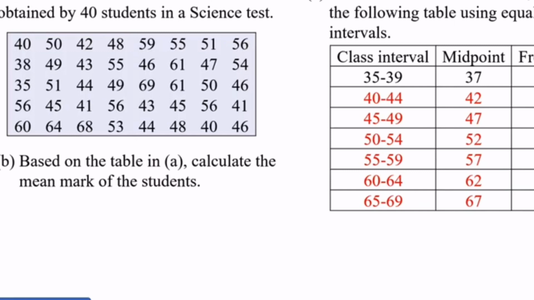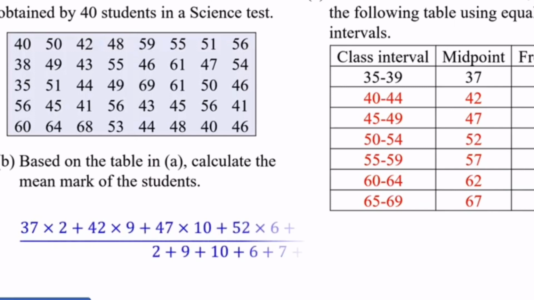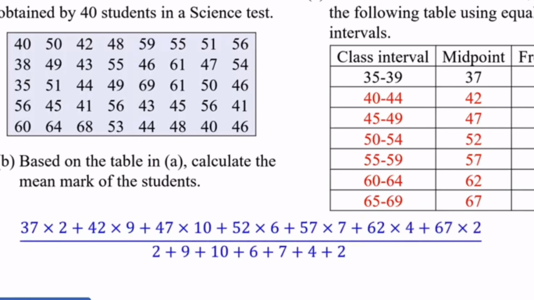So according to the statistics, if we want to find a mean for the data arranged in groups, a certain class interval, we actually have to take the midpoint times the frequency one by one.